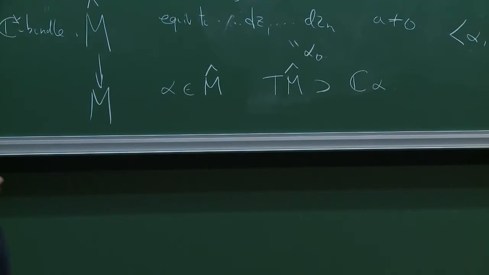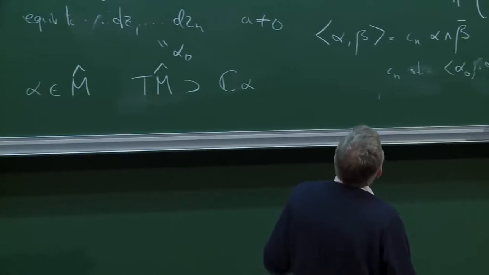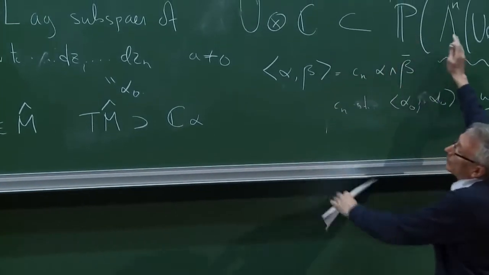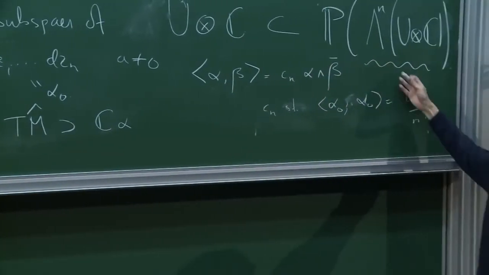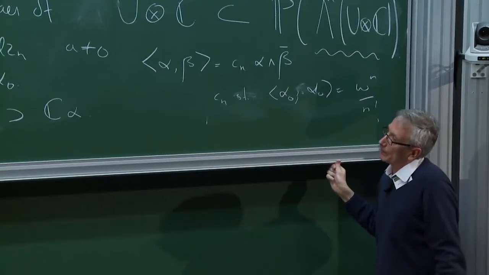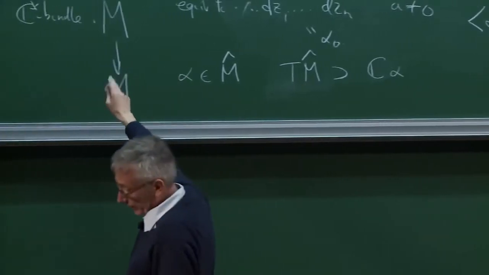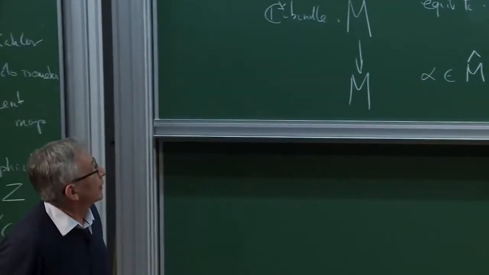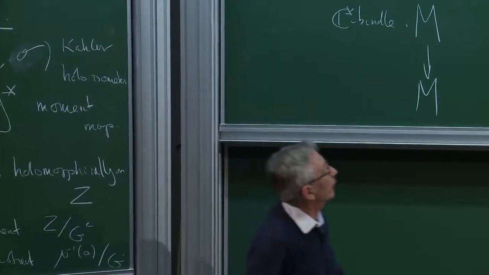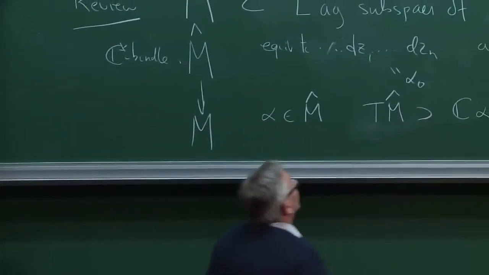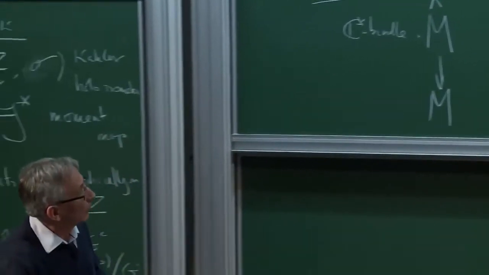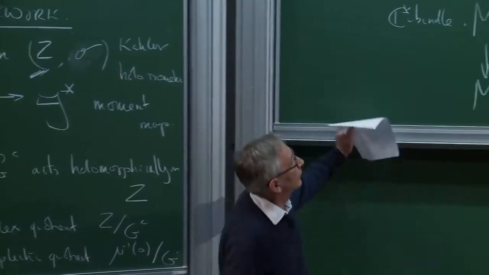But the basic fact we want to recall is that if we take this Hermitian form, which is indefinite on the big space, and restrict it to the tangent space of M hat, it becomes negative definite on the orthogonal complement of alpha naught. So in fact, it has signature 1, comma, what the dimension is.